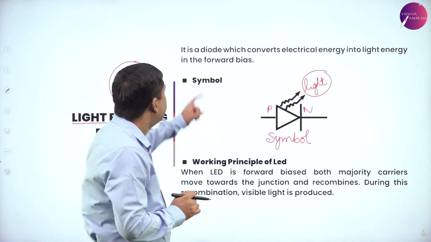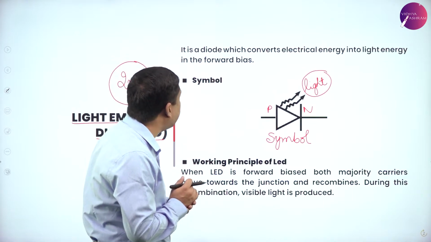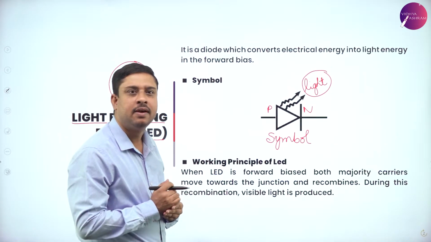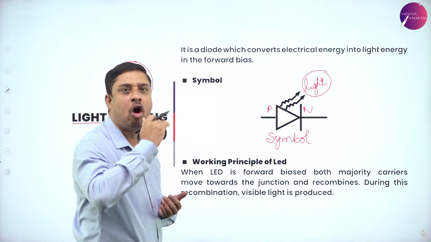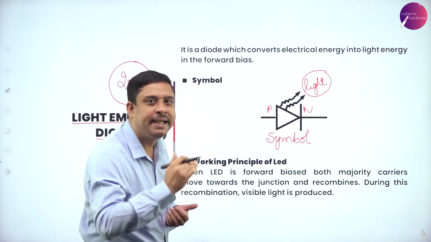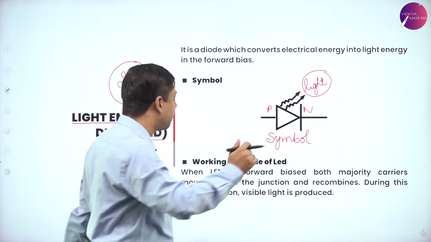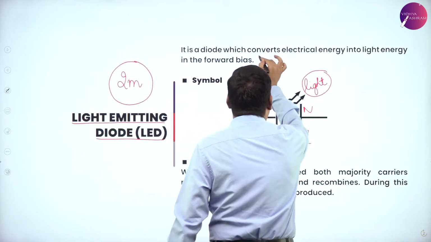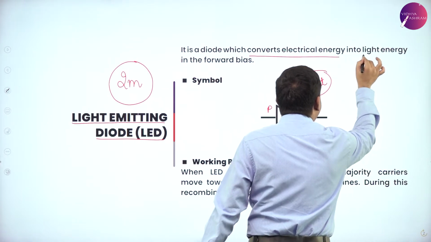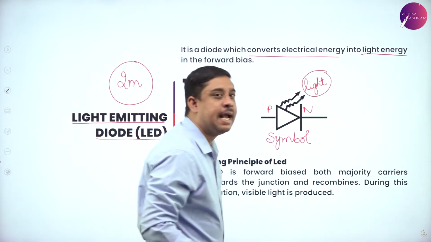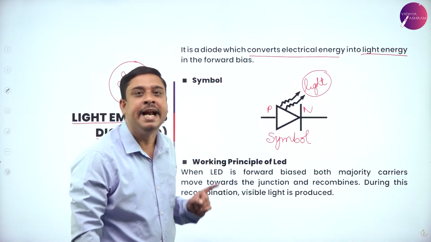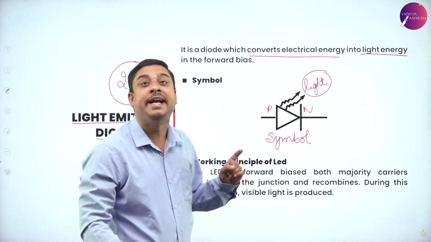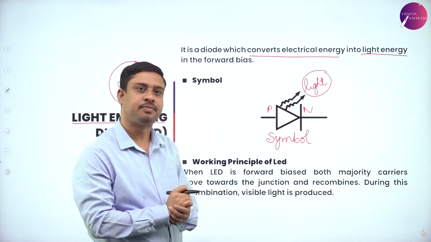Now, it is a diode. LED or light emitting diode is a diode which converts electrical energy into light energy.